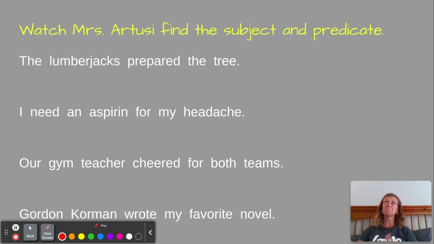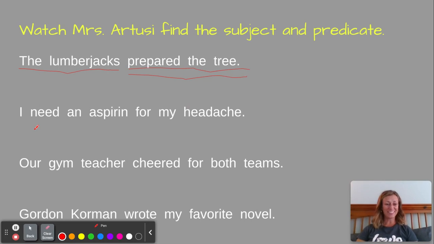Okay, I'm going to say, who prepared the tree or what prepared the tree? The lumberjacks did. Subject noun. So that's probably my subject, my complete subject. And then I'm going to ask the question, what is being said about lumberjacks? Well, lumberjacks prepared. So prepared is the verb, and that means that prepared the tree must be the complete predicate.